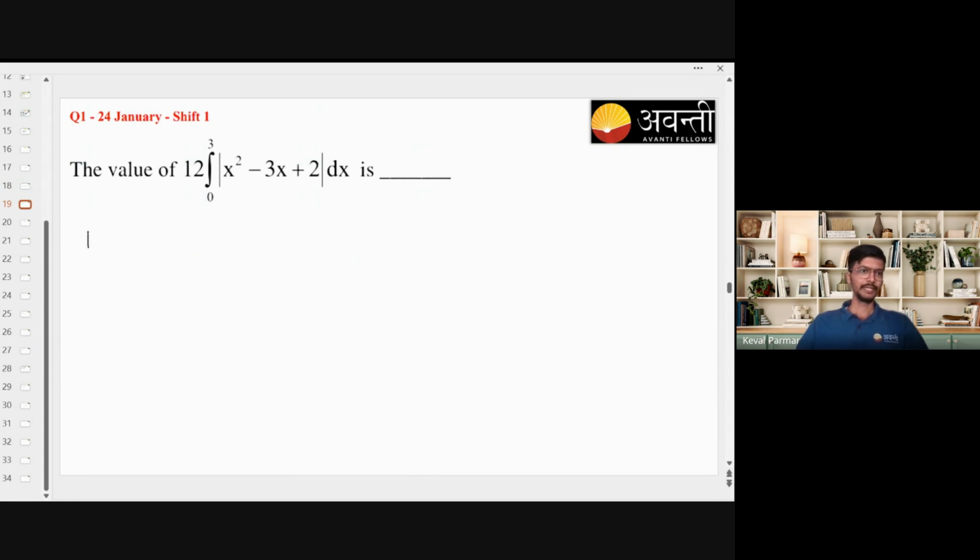If we use completing the square, I think we'll get 12 times the integration from 0 to 3 of mod of... what can we write this as? x minus 3 by 2 the whole square. That squared minus 2 will give plus 9 by 4, so we get plus 9 by 4 plus 2, 17 by 4.